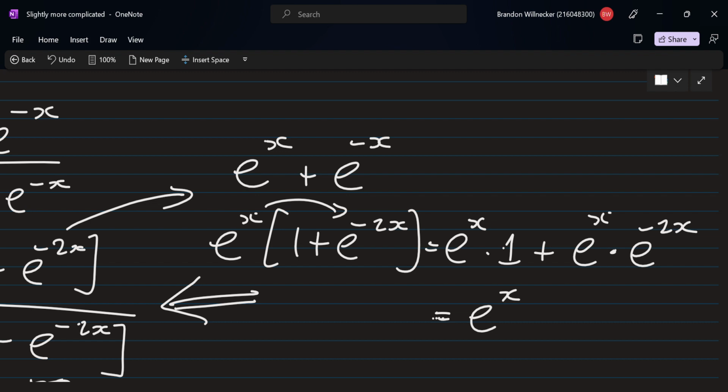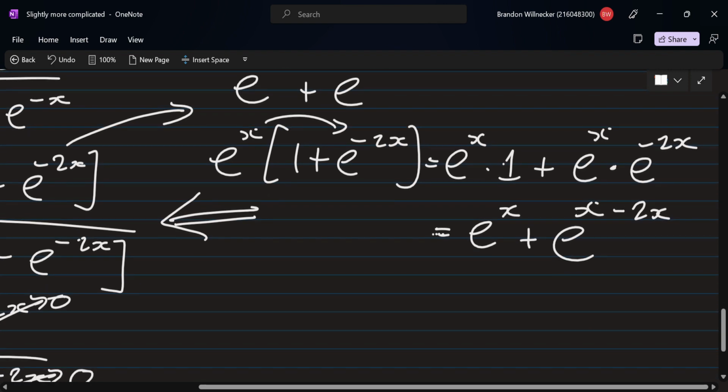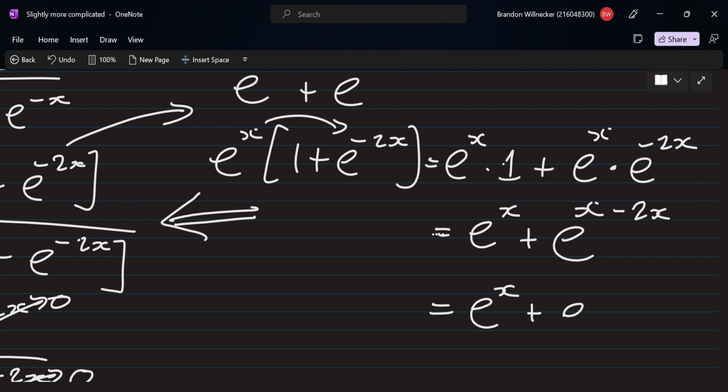Now, whenever we're multiplying terms like this, if they have the same base, we can add the exponents. So this will be plus e to the x minus 2x. Okay, that's just from our exponent rules. So x minus 2x will be minus x. So this will be e to the x plus e to the minus x.